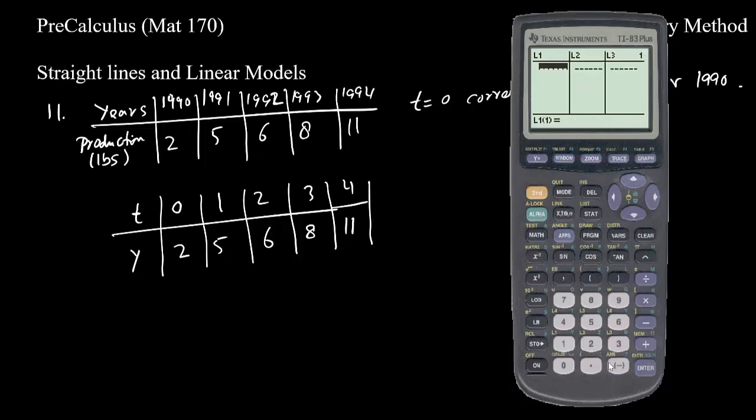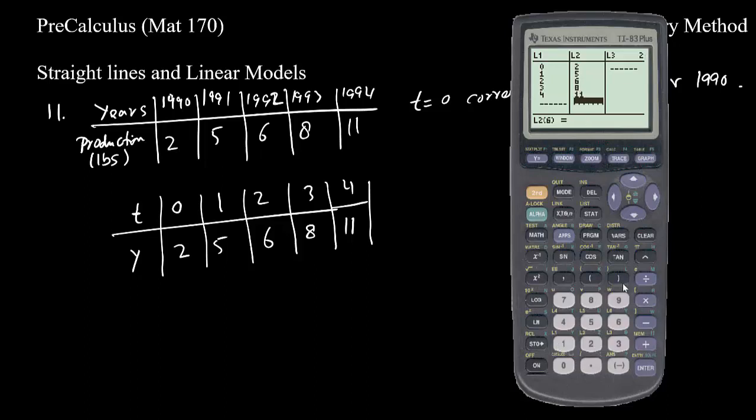Now I put 0, then 1, after that 2, 3, 4, and then go to the other side and write your y values, which are 2, then 5, 6, then 8, and finally 11.